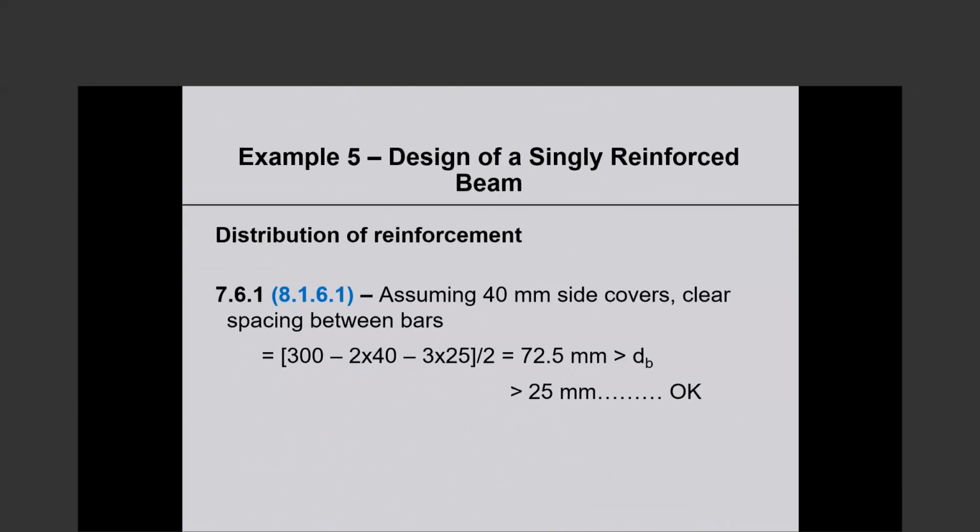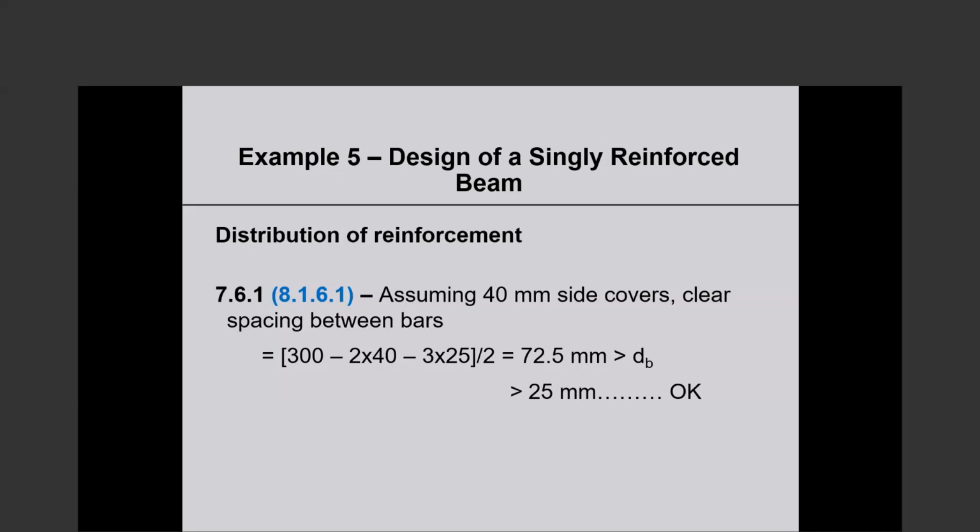Okay, now the crack control, the spacing of reinforcement. Assuming 40 millimeter side covers, clear spacing between bars that we have provided. We have 300 millimeter wide section. We have two clear covers of 40 millimeters, and we have three bars that are 25 millimeter diameter.